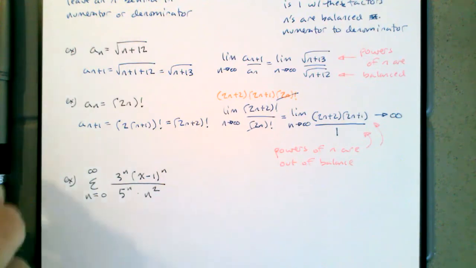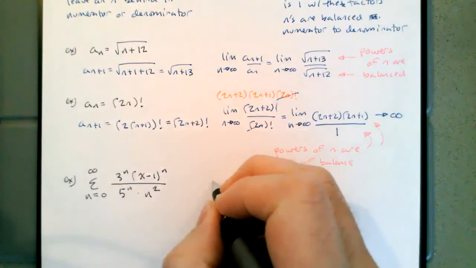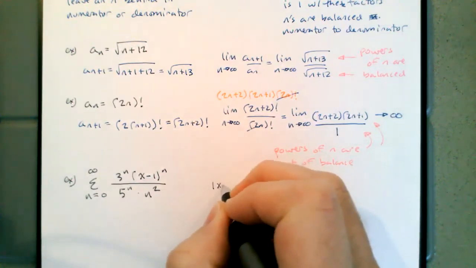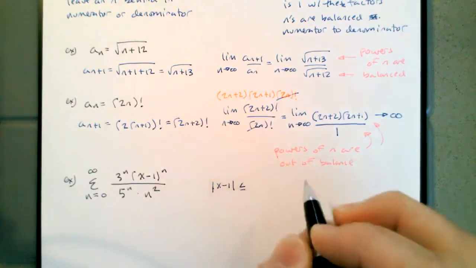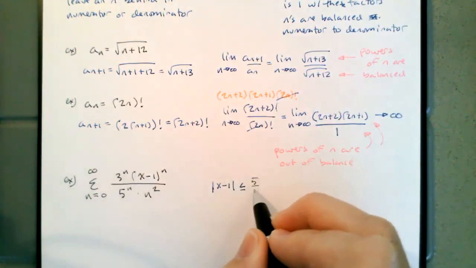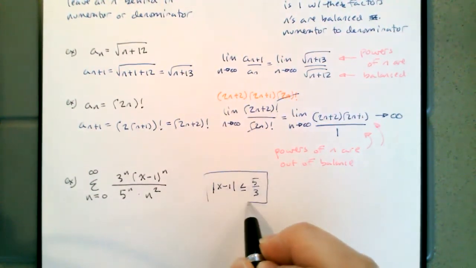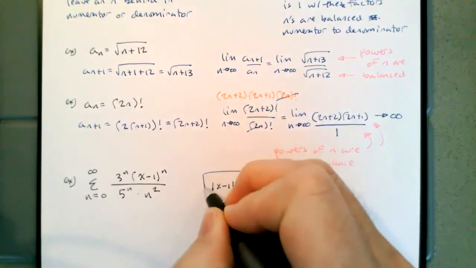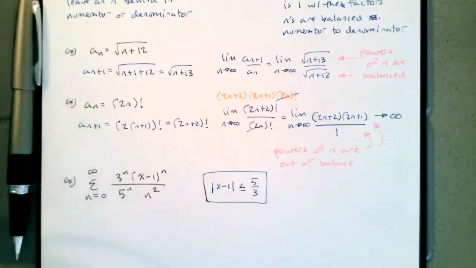So my interval of convergence is the absolute value of x minus 1 is less than or equal to my radius 5/3. I can use an absolute value inequality because both endpoints are included.